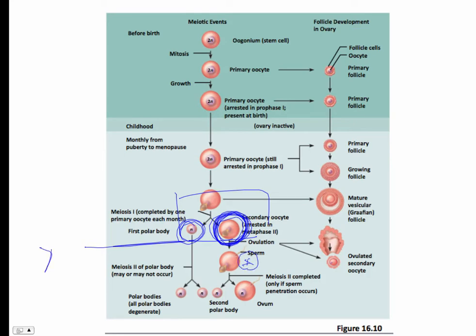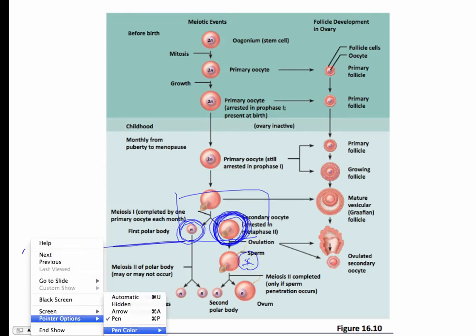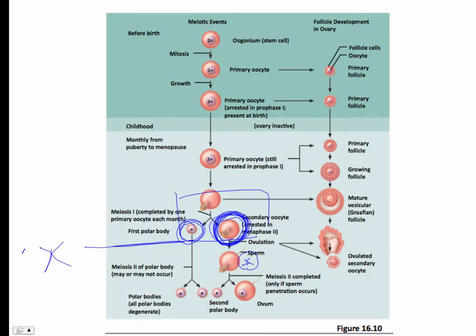We had one copy here, and we have the other copy here. This copy is found within that secondary oocyte. This copy here is found within that first polar body that we see over here. Once that sperm comes into contact with this egg, half of this genetic material is going to start fusing with the sperm. So this is going to split.